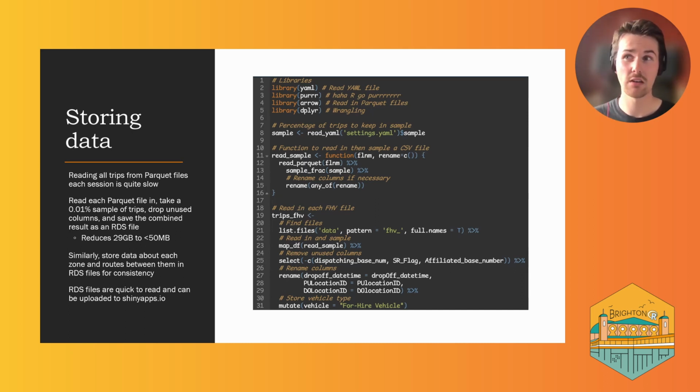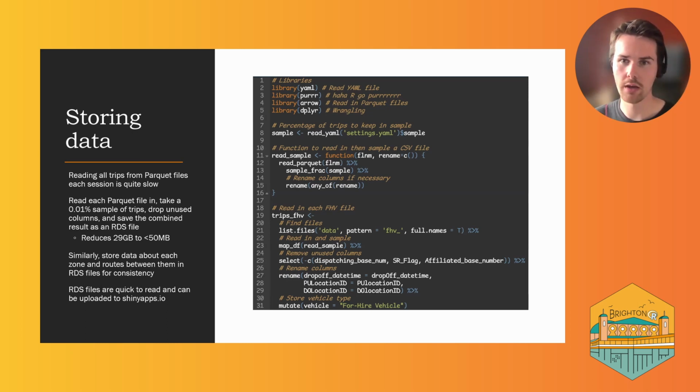This gets about 29 gigs worth of data down to 50 megabytes, which is great because later I'm going to publish it online and I don't have a huge database or a huge online cloud folder to store it in. So I want the file to be nice and small. And that means that later when we go onto the shiny stuff, it'll load up really quickly as well.